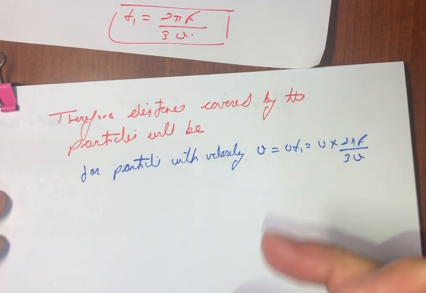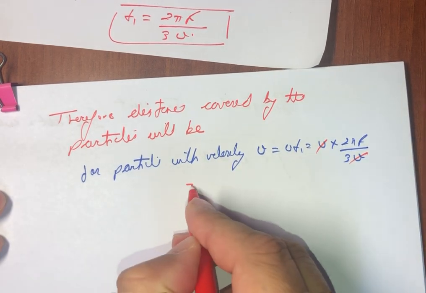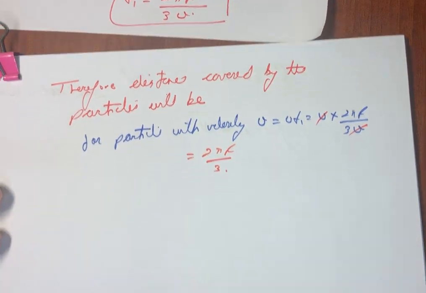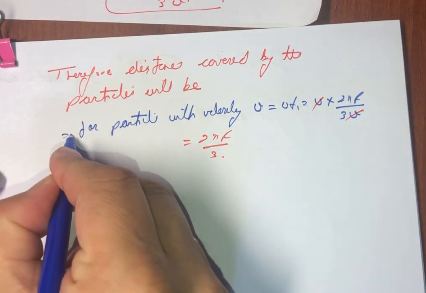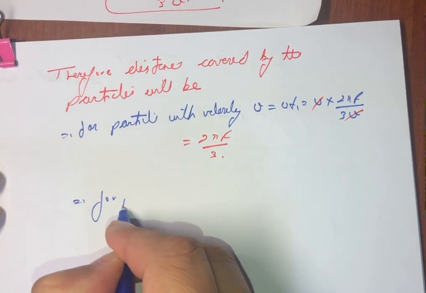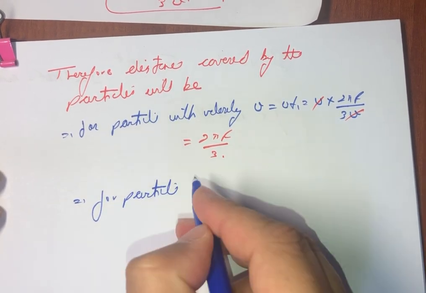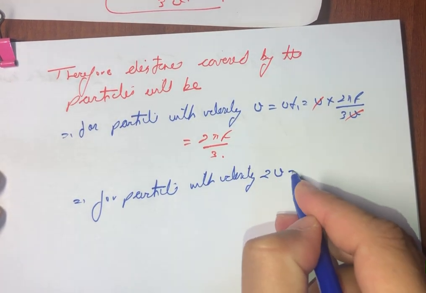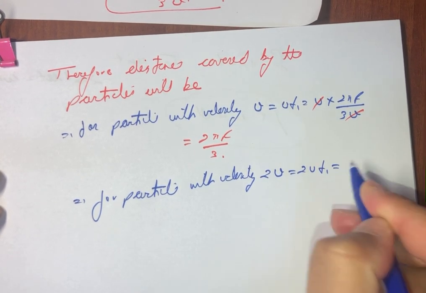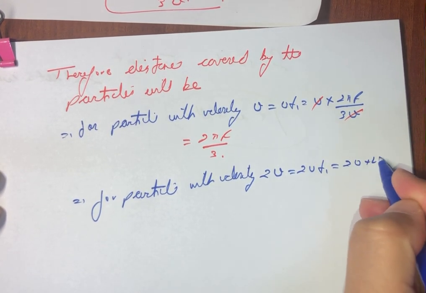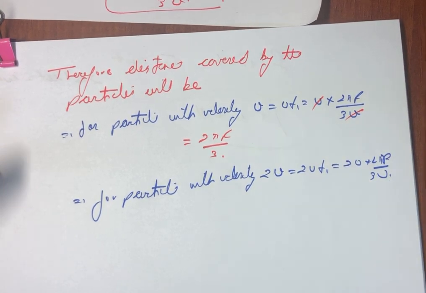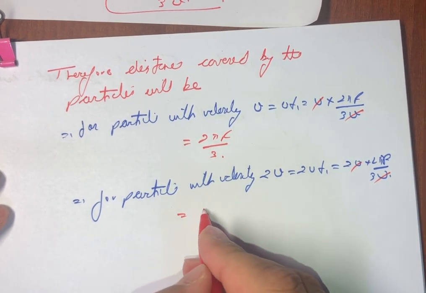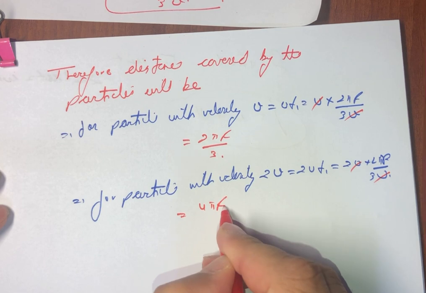The v and v cancel out, so we get 2 pi r by 3. For the particle with velocity 2v, we get 2vt1, which is twice v multiplied by 2 pi r divided by 3v, and v cancels out, giving 4 pi r divided by 3.